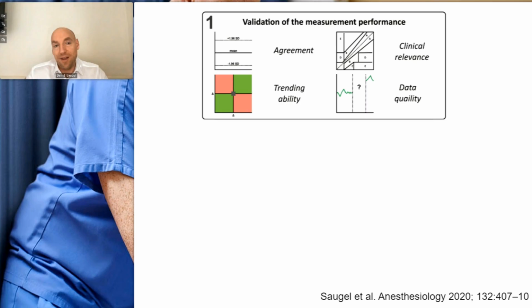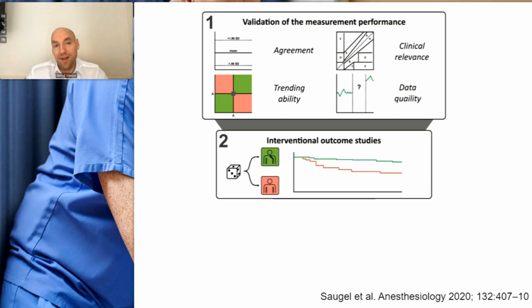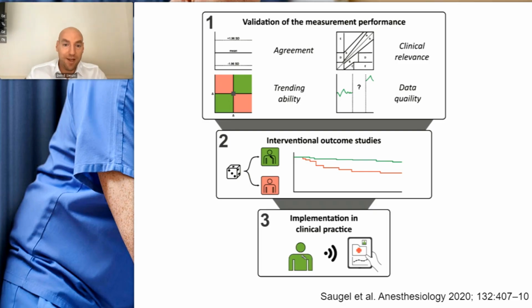And therefore, our call for action here is that, of course, we first need to validate those measurement systems. We need to assess their agreement with established methods. We need to get some clinical data on how good those methods measure vital signs. We only then can use those measurement methods in interventional outcome studies, where we actually show that continuous monitoring improves patient-centered outcomes.